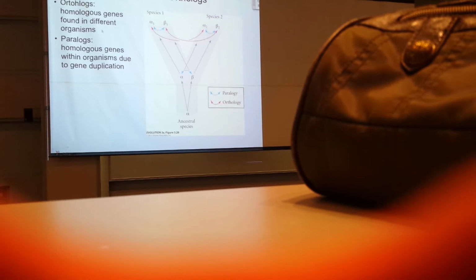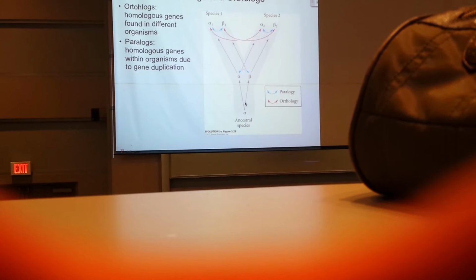Anyway, so if we have some ancestral species here with some gene, the gene could, first of all, be passed down here, right? And then one version of the alpha gene winds up in species 2, another version winds up in species 1, and the red arrow here tells us that those are orthologs, right? Now orthologs mean that the gene itself in two different species has a common ancestor.